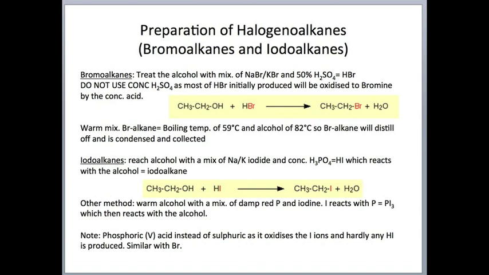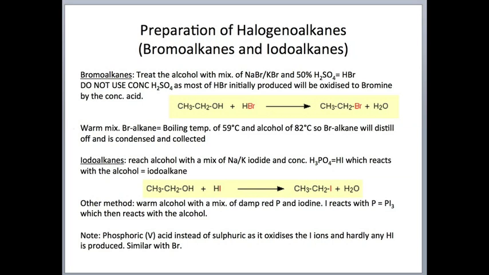We do not use concentrated H2SO4 because most of the HBr initially produced would be oxidized to bromine by the concentrated acid. Here is an example of an alcohol reacting with HBr to produce a halogenoalkane and a molecule of water.